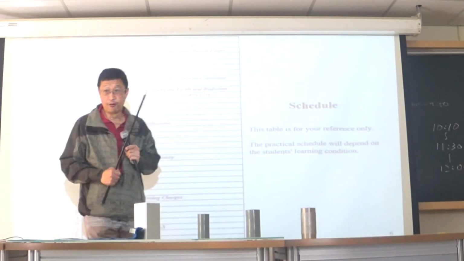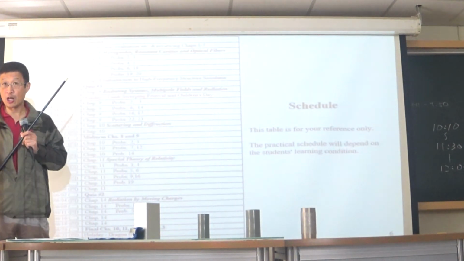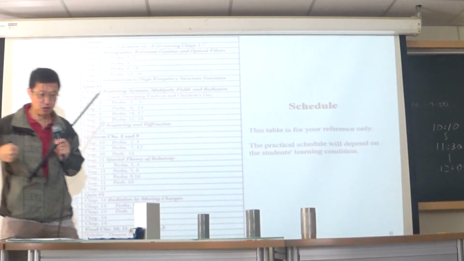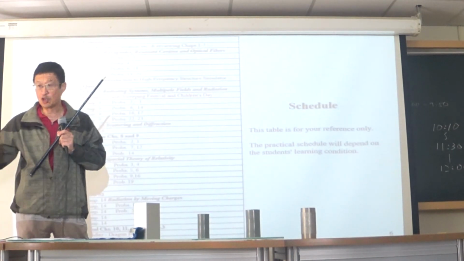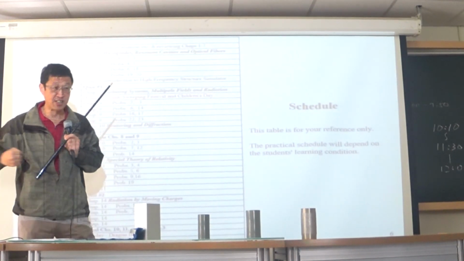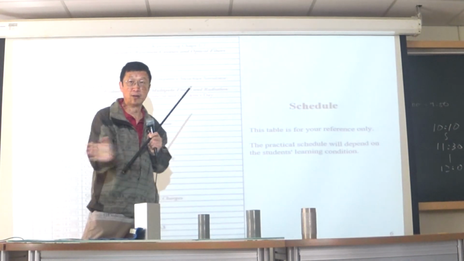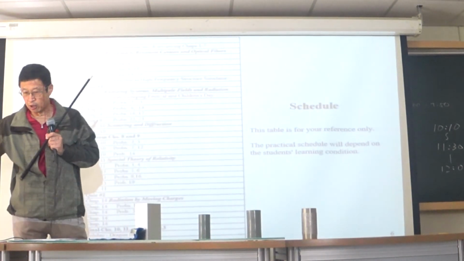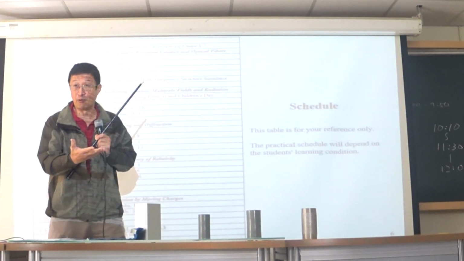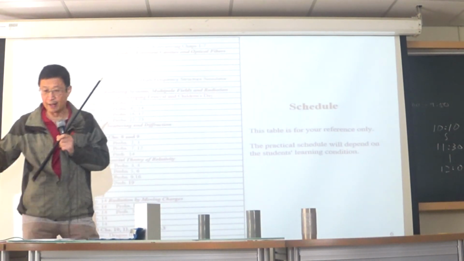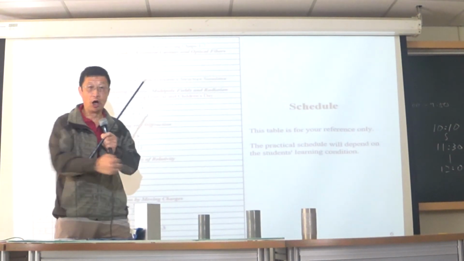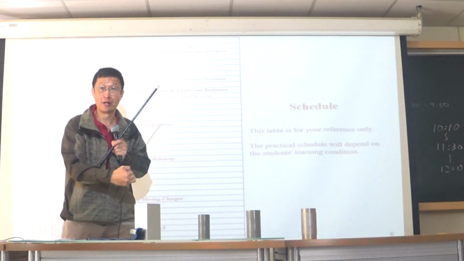For example, a charged particle moves in this direction without any force. The charged particle will move constantly. Nothing changes. So that's very simple. But if you have an electric field here, you can accelerate or decelerate the charge.